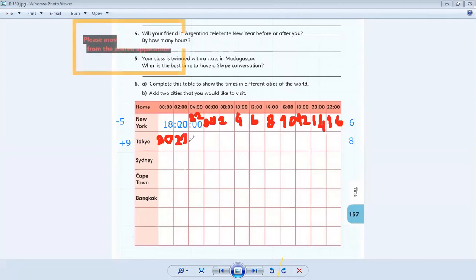Or we can call it 10 p.m. If it's 4 here, what time is in Tokyo? 0. 12 a.m. We called it 00. Okay, I write just 0.